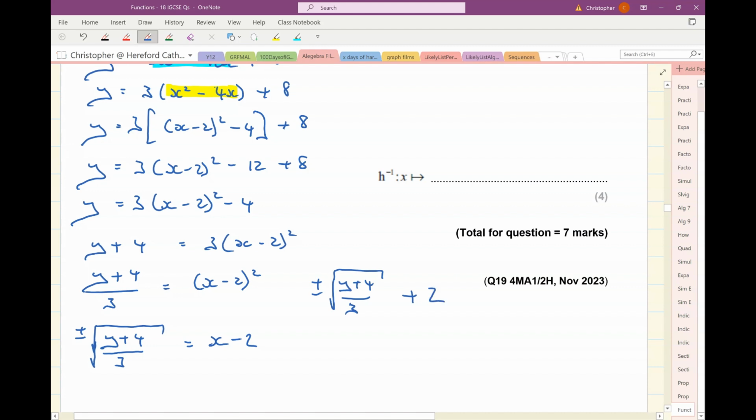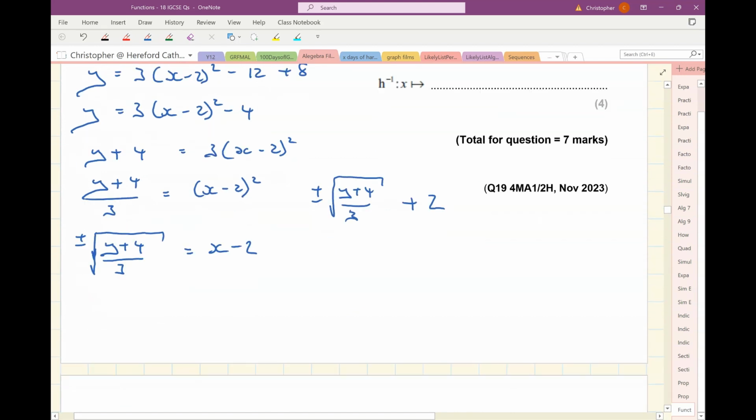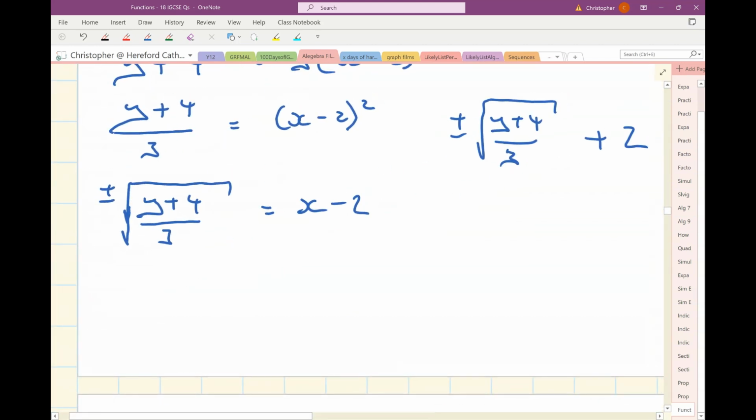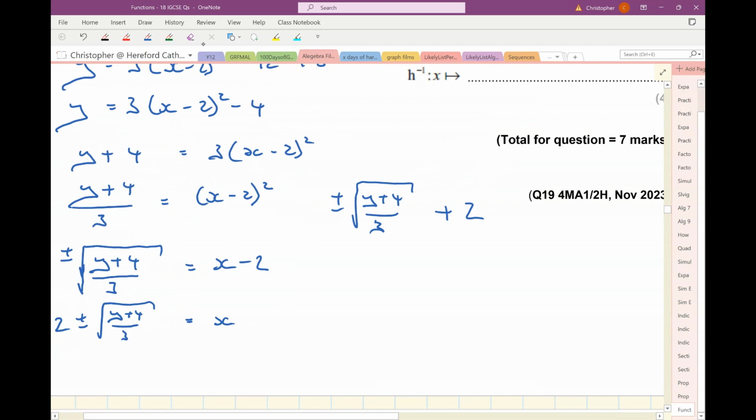It took me ages to understand why generally when a maths teacher adds 2 to left and right of that equation, they just write 2 and then they copy down the plus or minus and the square root. And they have added 2. They've just written it before the square root, 2 plus the rest, rather than the rest plus 2. Anyway, it took me ages to understand that. Right, so now I've made x the subject.